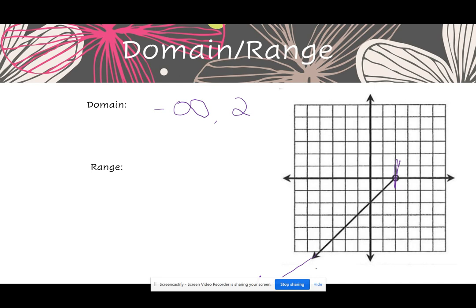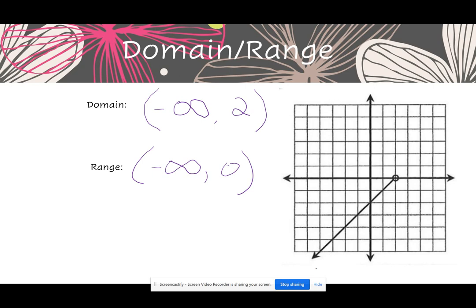Now, if you remember from doing multi-step equations or inequalities, your infinity is always in parentheses. And I see an open circle here at the 2, so it's also in parentheses. Now for up and down, I see we're starting at this point and it's going down forever. So again, we're starting at -infinity and stopping at 0. Again, infinities get parentheses, and this is an open circle, so it gets a parenthesis.